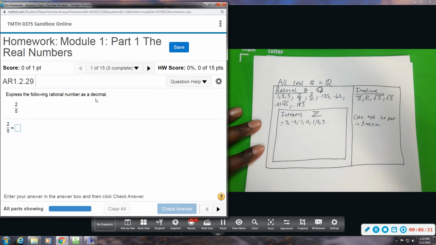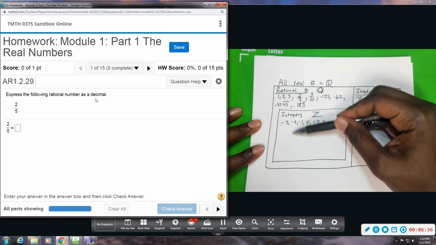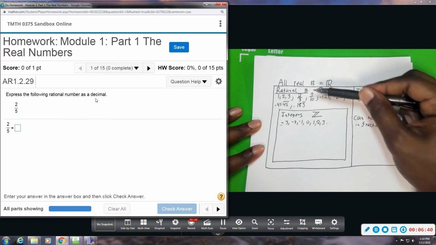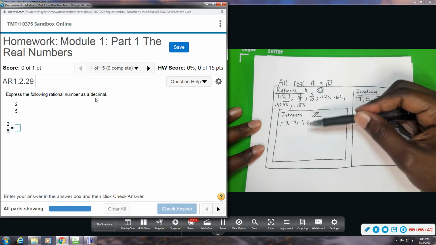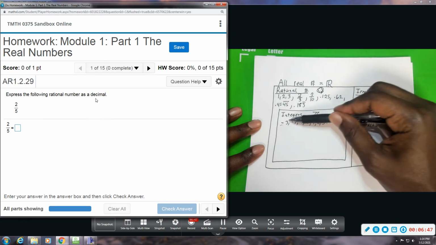It's also rational. So anything below rational is going to be rational, but just because it's rational doesn't mean it's an integer, because this group has decimals, but this group will not.